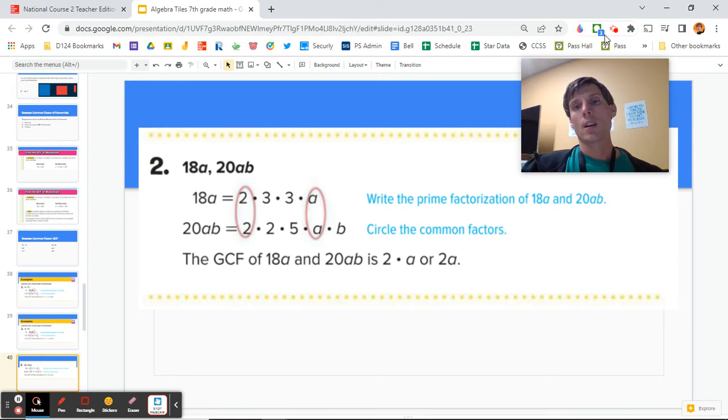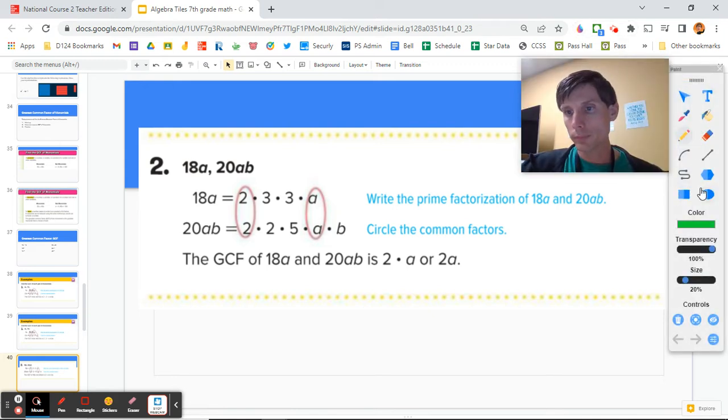We have 18a and 20ab. All right, like before, we could do our prime factor tree out. I'm going to skip that a little bit, but if we do it out, we'd see 18 is 2 times 3 times 3. Okay, we can double check. 3 times 3 is 9. 9 times 2 is 18. Perfect. And we're multiplying that all times a.